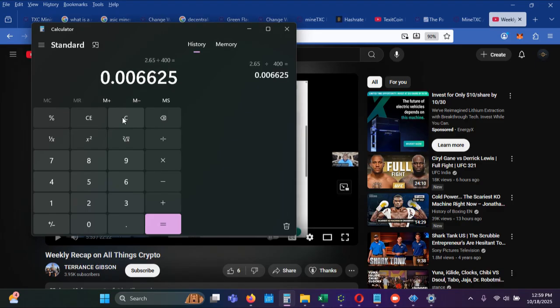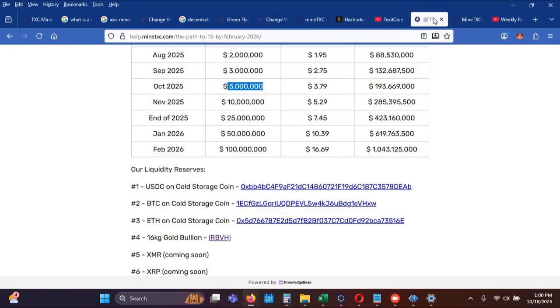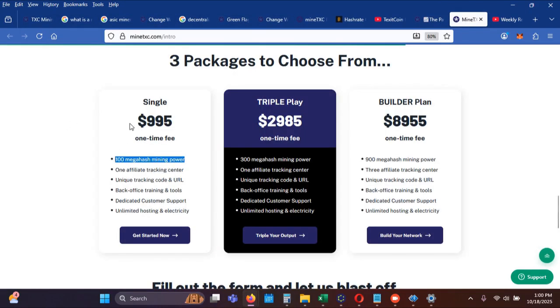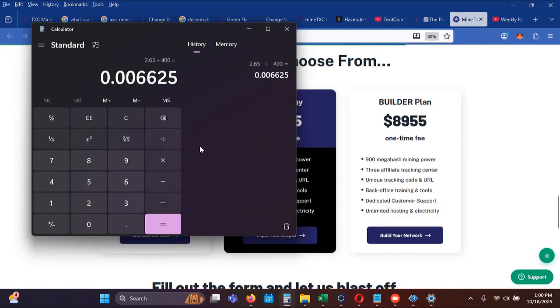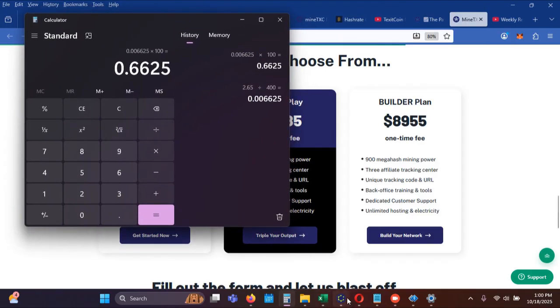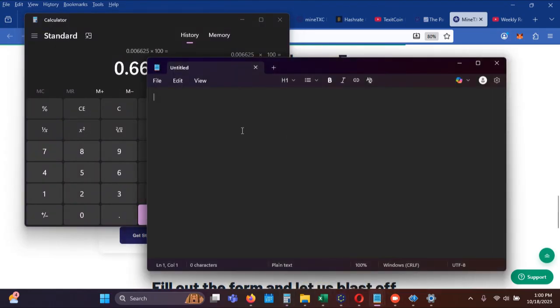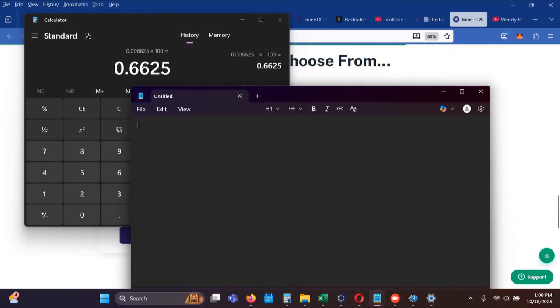And because we're going to purchase one with our $1,000, we're going to multiply that times 100, because we're going to get 100 hash. Okay. Therefore, on October the 3rd, had I bought into this system, I would be getting 0.6625 TexitCoin a day.